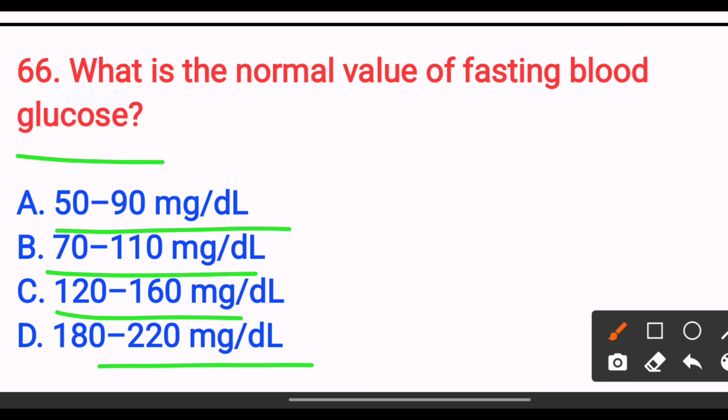The answer is option B, 70 to 110 mg per dL, because fasting blood glucose within this range indicates normal glucose metabolism. Above 126 mg per dL indicates diabetes. So the answer is option B.